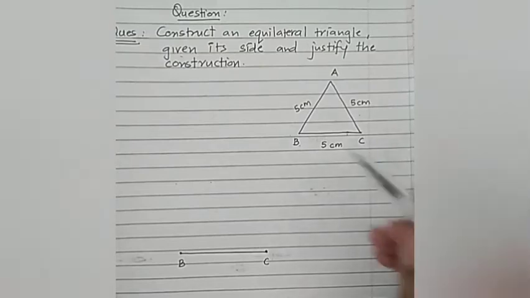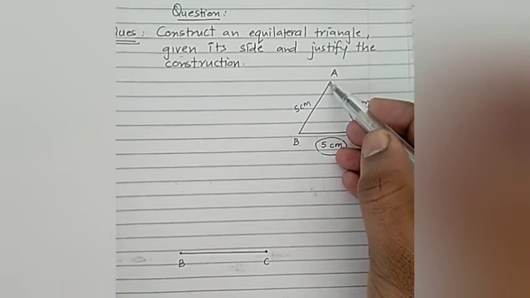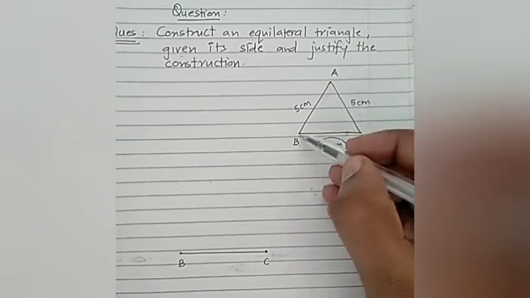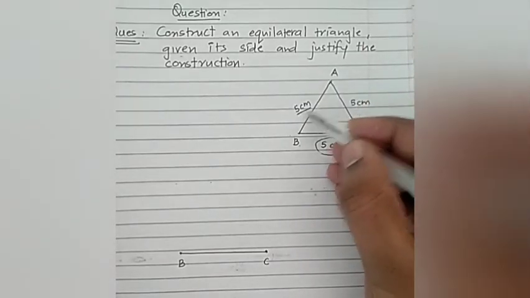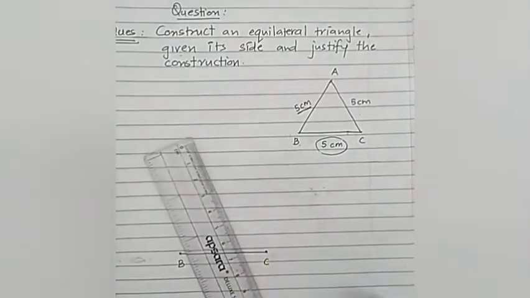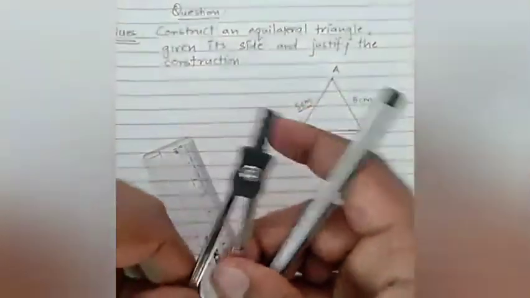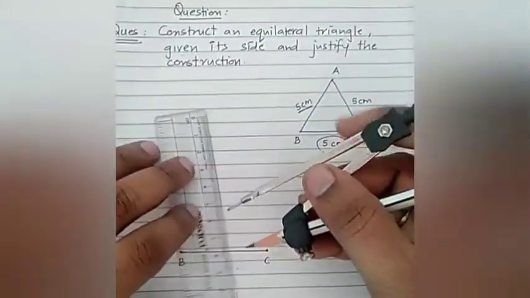Now the next part is from B to A. What is the length between these 2 points? It is 5 centimeters. So what I'll do is use my scale and my rounder, I'll measure how much is 5 centimeters.